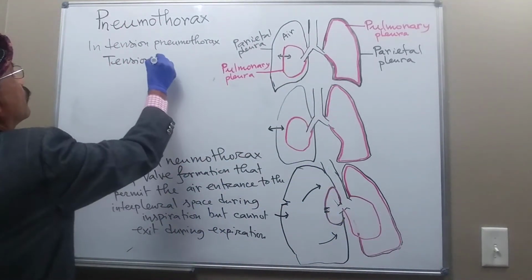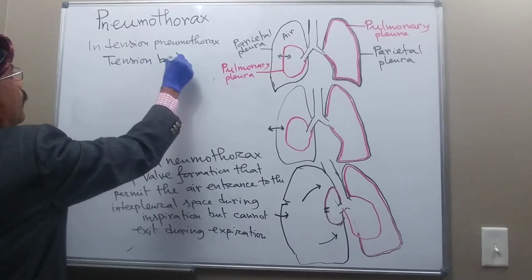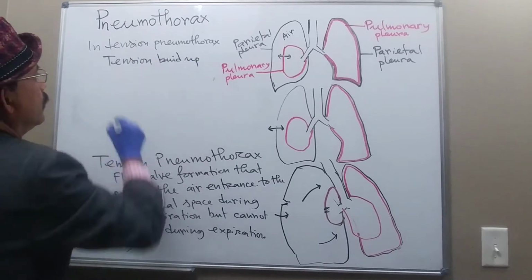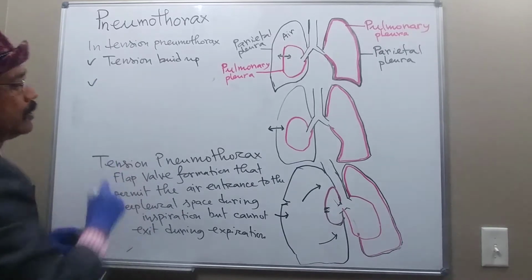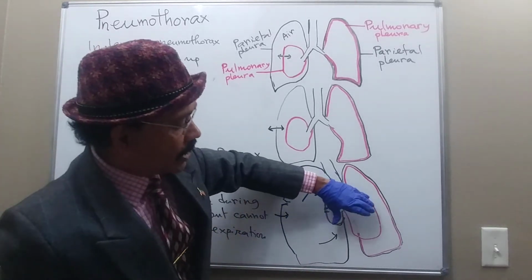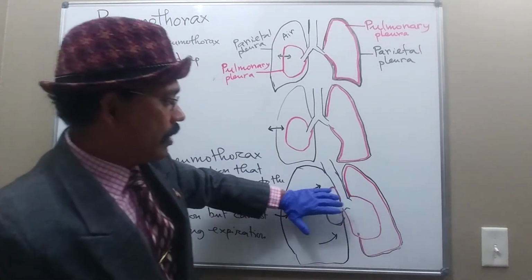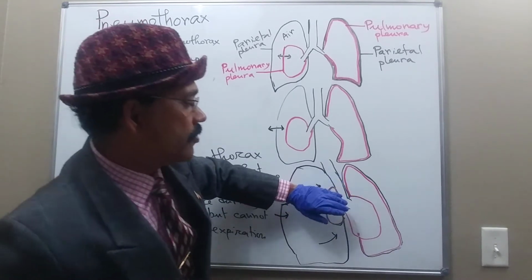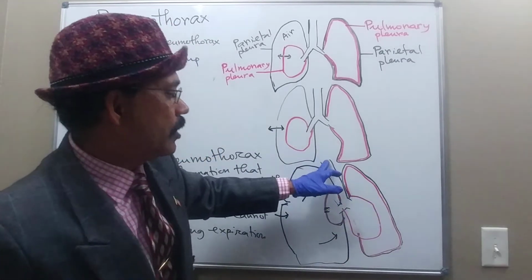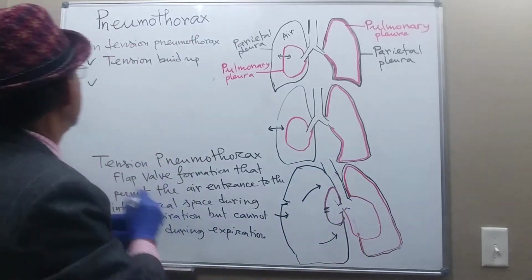Tension build up, number one. Number two, shifting of the mediastinum. The structure between the lungs we call the mediastinum is shifting towards the other side. There will be tracheal deviation to the other side.